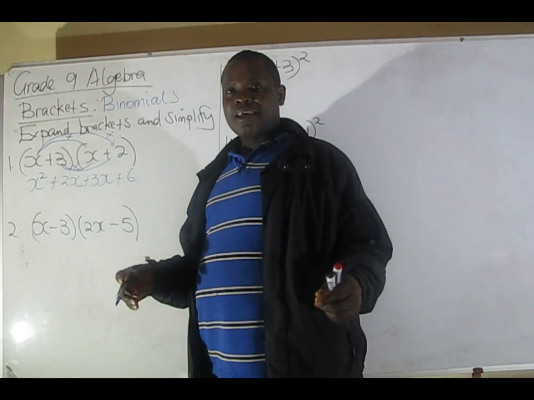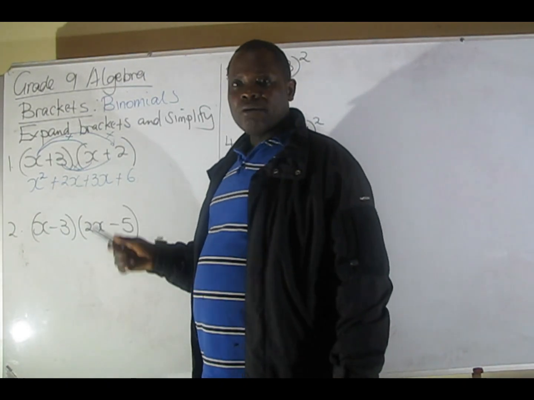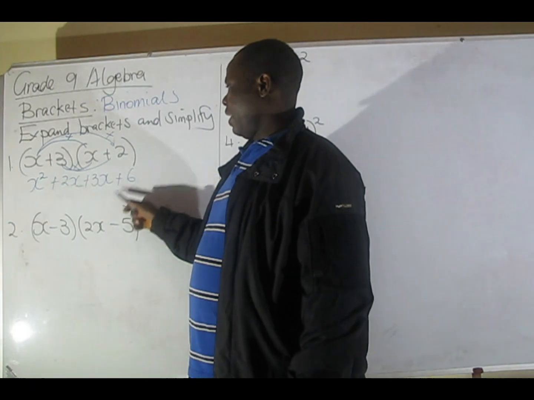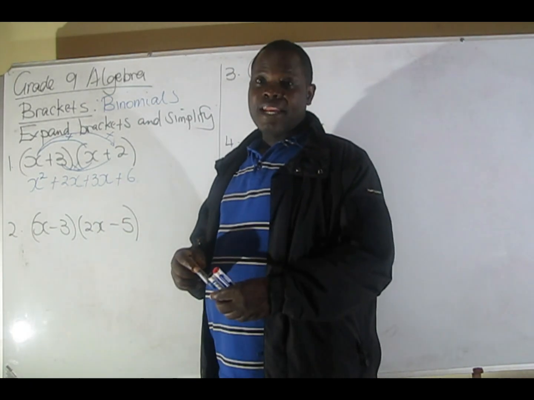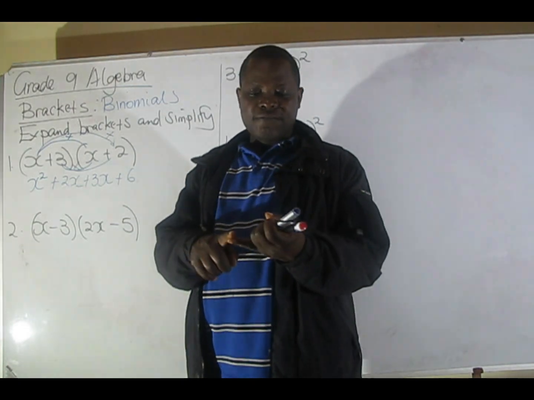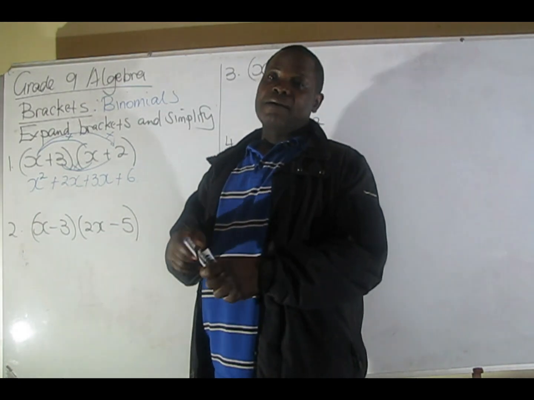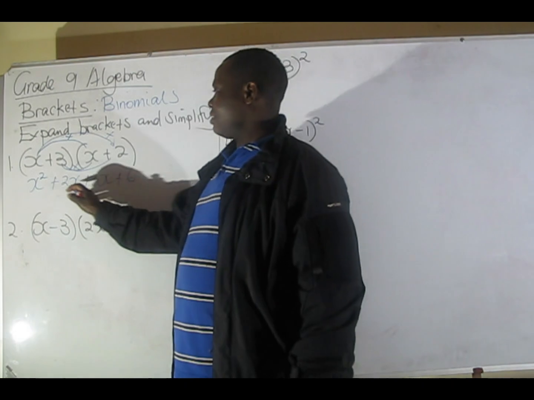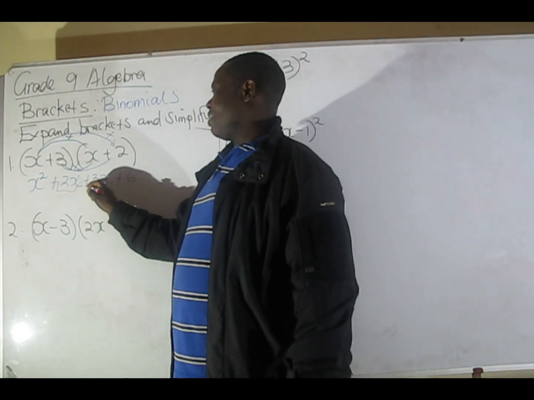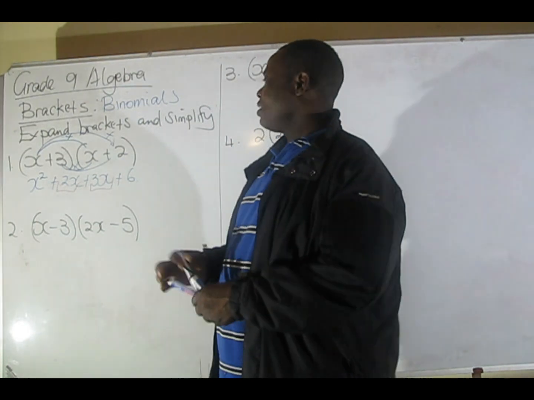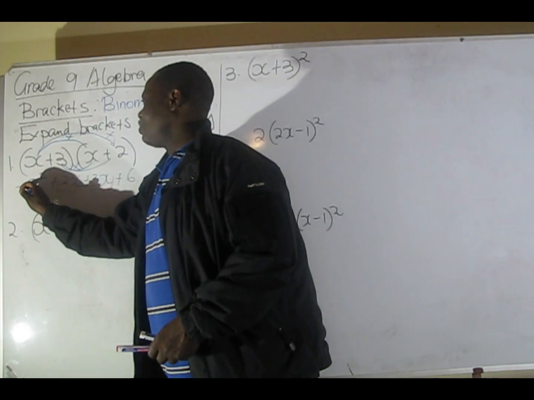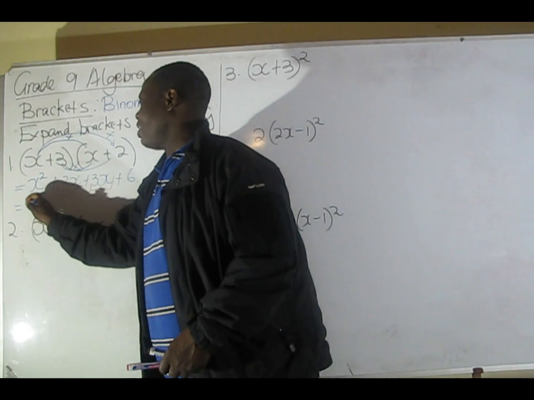Now the next thing, like we always do, look for like terms and add or subtract them. Like terms must have the same variable, with the same exponents. So in my case, this 2x and that 3x can be added because they are like terms. x squared cannot be added to anything here because there is only one x squared.